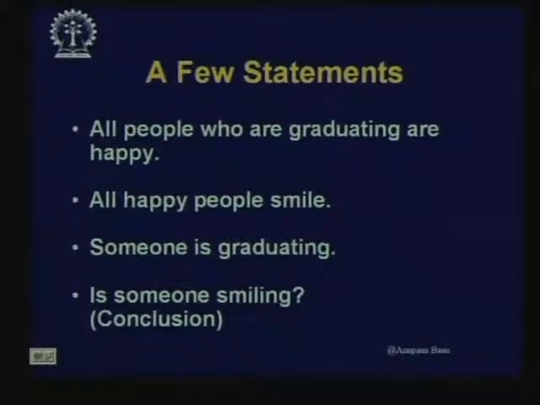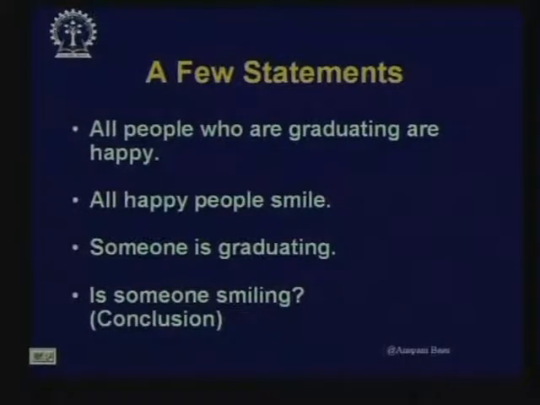Now, let us forget about mechanical inferencing for the time being. If we just apply our common sense reasoning, let us see what comes up. All people who are graduating are happy. All happy people smile. Therefore, I can reason and say all people who are graduating are smiling, and then someone is graduating.